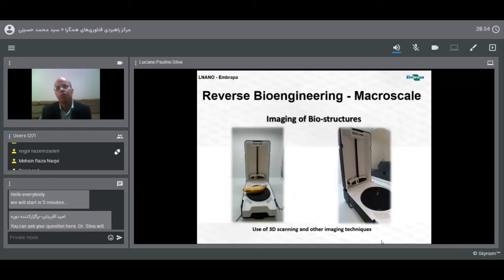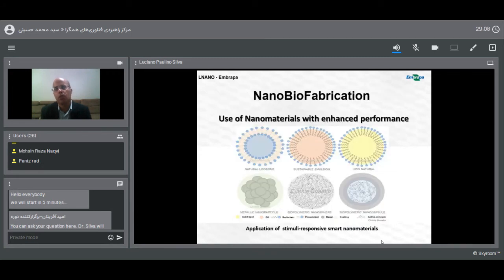We have also performed reverse bioengineering at the macro scale when performing imaging of biostructures using 3D scanning and other imaging techniques. We have introduced the so-called nanobiofabrication process, which can be understood as using nanomaterials with enhanced performance to fabricate structures.